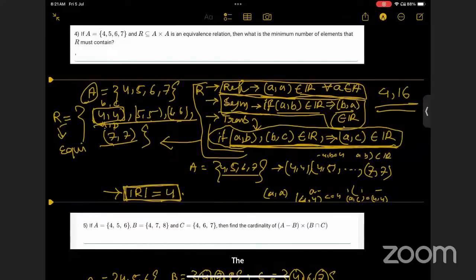So we are considering the minimum number of elements here. At least these 4 elements will be there. Now we can check whether the set satisfies the conditions for symmetry and transitivity or not.